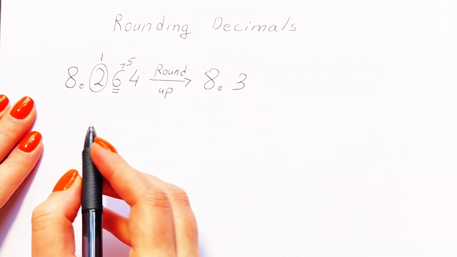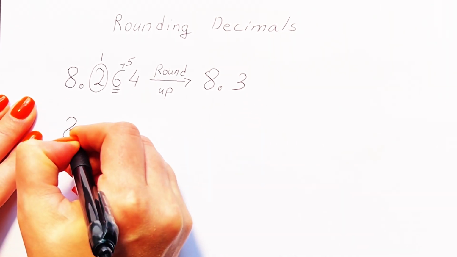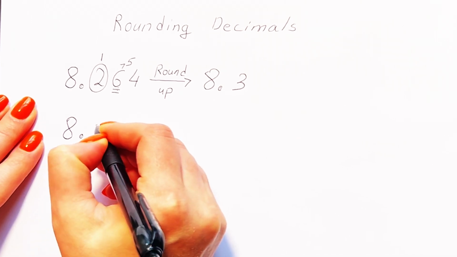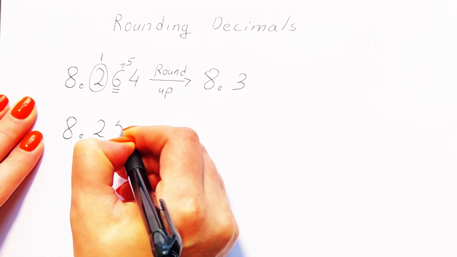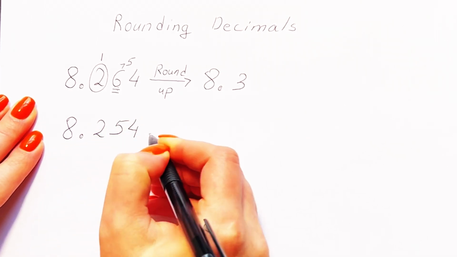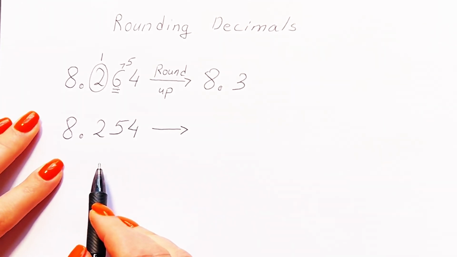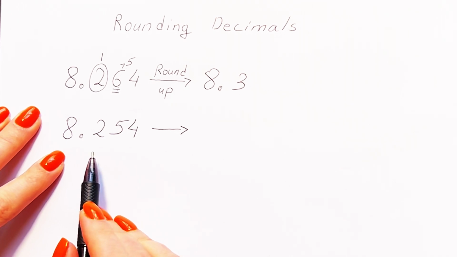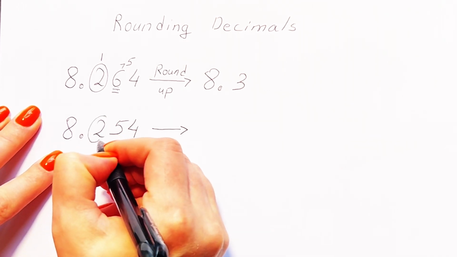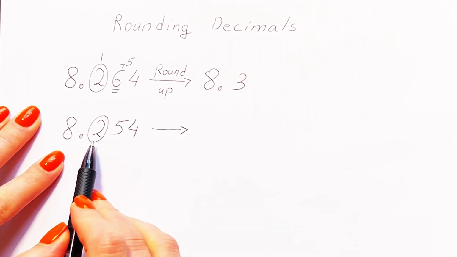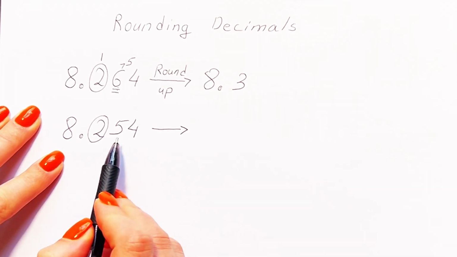What if I have 8 and 254 thousandths? And again, I want to round it to the nearest tens place. I'm going to circle the tens place. Okay, the rest numbers, I don't need it.